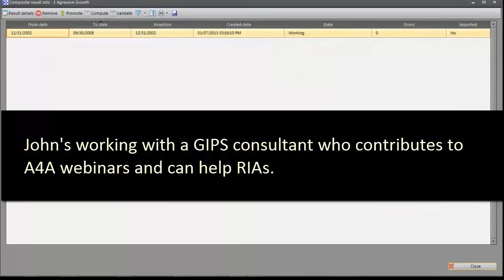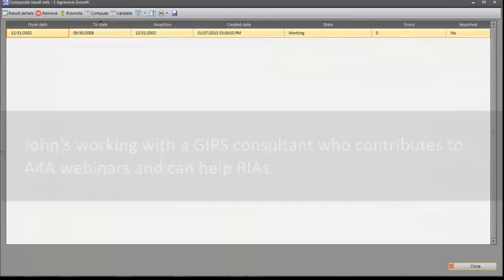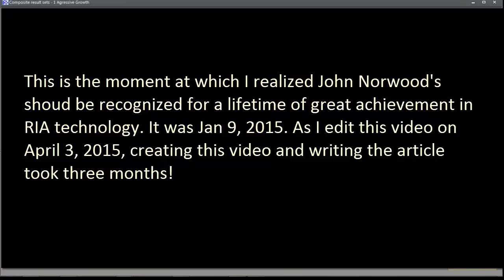Now, for you, Mr. Norwood, this is kind of Act 2 in a great story. You famously shepherded PortfolioCenter.